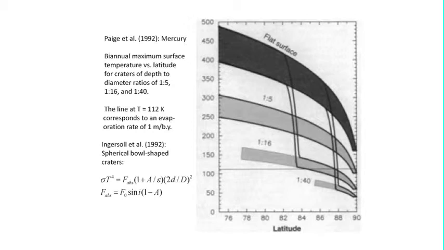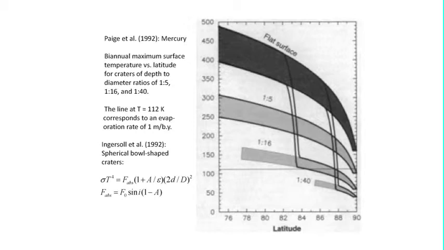That's a very low relief crater. It's got a depth to diameter ratio of 1 to 40. And if you're below whatever this latitude is, there are no permanently shadowed places at all in that very flat crater.